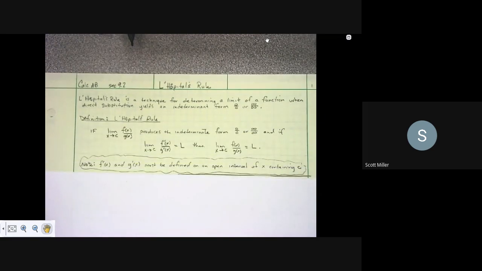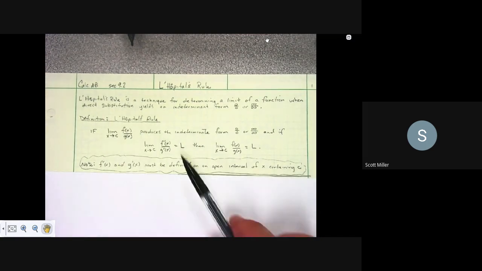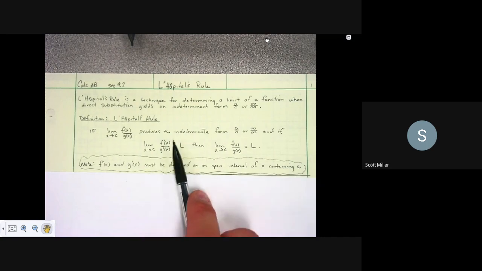Here's what it says. If the limit as x goes to some number c of f of x divided by g of x produces an indeterminate form, 0 over 0 or infinity over infinity, and if the limit as x approaches c of the derivative of the numerator divided by the derivative of the denominator exists, notice this is not the quotient rule.